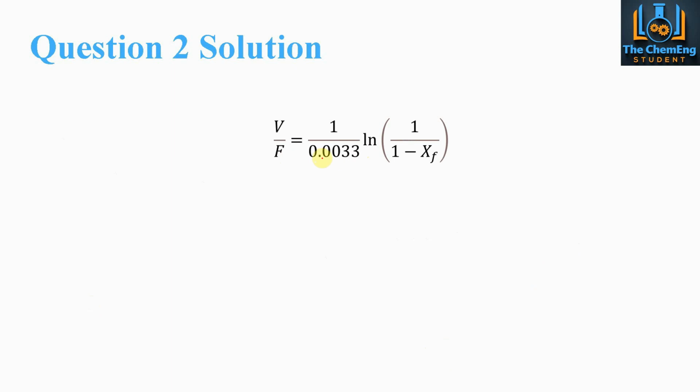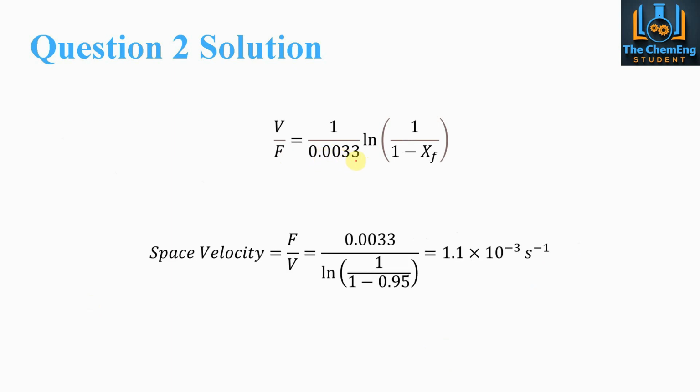The value of K was 0.0033, and the conversion asked for was 95%, so we substitute in 0.95, and that tells us our space velocity is 1.1 times 10 to the minus 3 seconds to the minus 1.